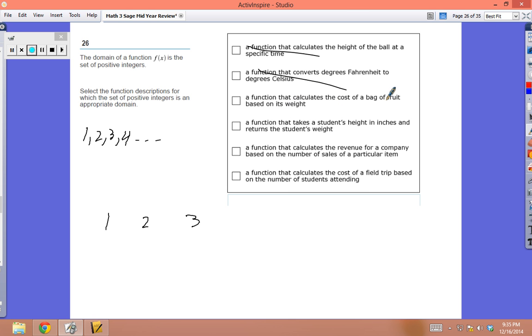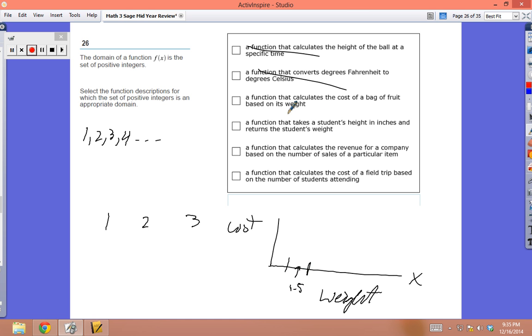Cost of a bag of fruit based on its weight. Okay, this one's kind of tricky, but I think this one's no good too. Because if you put weight here and cost here, this is the domain. The domain is your x. So the weight, there can exist like 1.5 pounds.